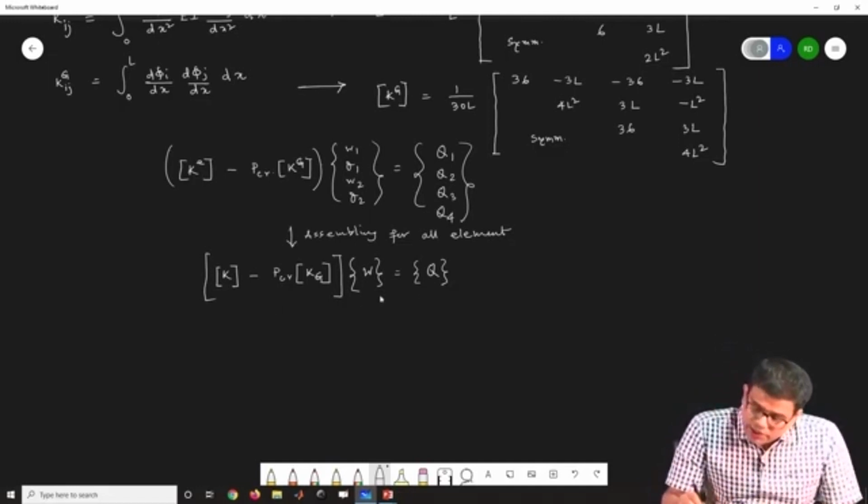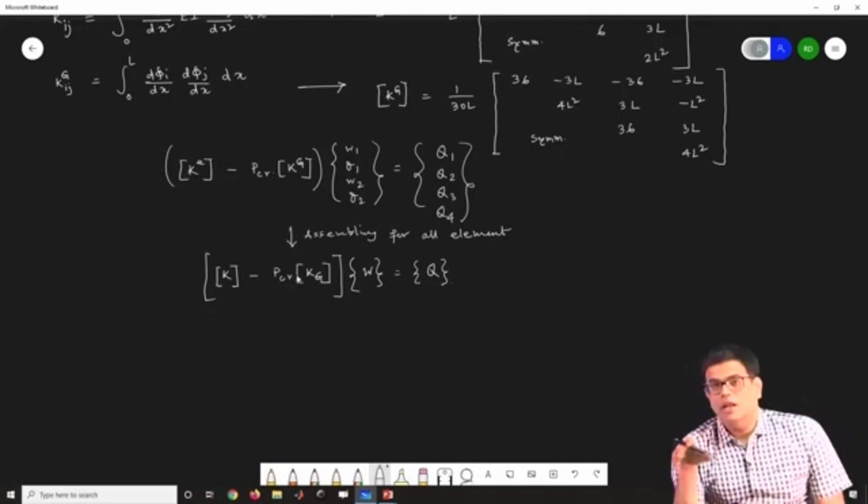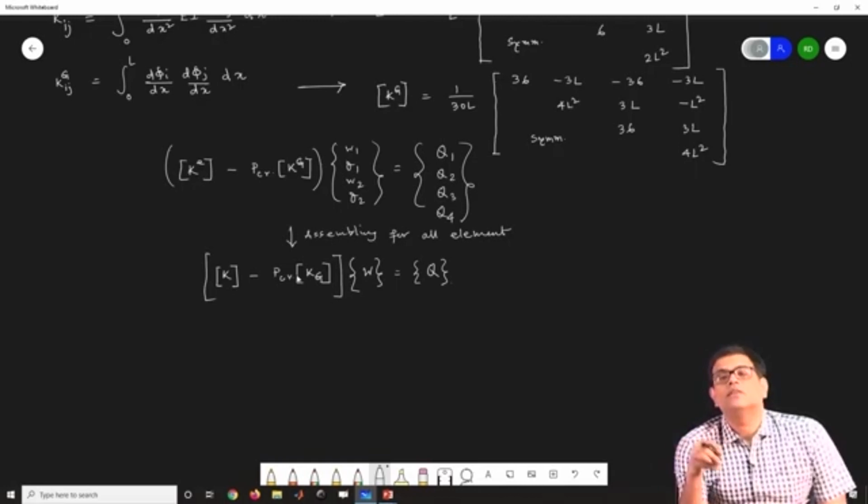Remember that PCR is the P critical. Suppose in a column you discretize with 10 elements, so 11 nodes.